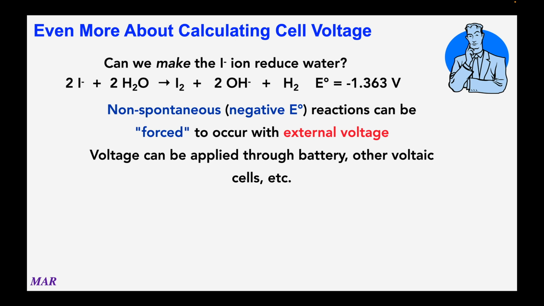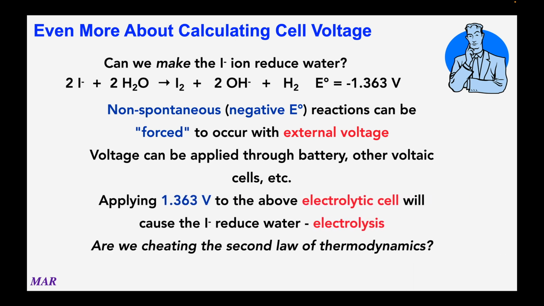It could be from, say, hydroelectric power, which is what we use in the Northwest, if you plugged it into an outlet or something like that. There's lots of ways that you can make the non-spontaneous reactions happen, but you do have to apply voltage from another source. Another spontaneous reaction is going to make your non-spontaneous reaction occur, which is kind of crazy.